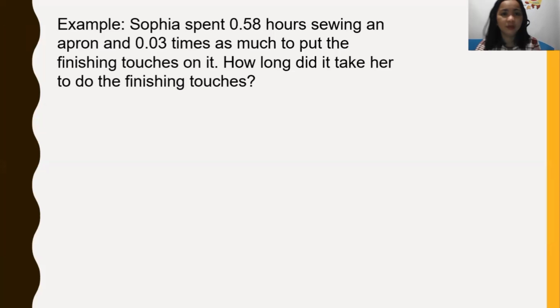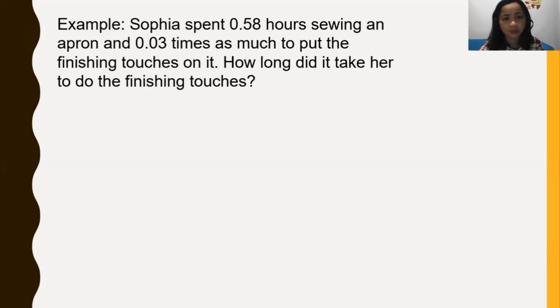Example: in this problem, Sophia spent 5.800 hours sewing an apron and 300 times as much to put the finishing touches on it. How long did it take her to do the finishing touches?